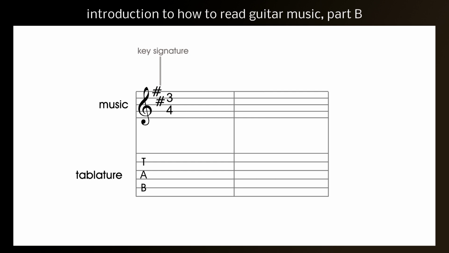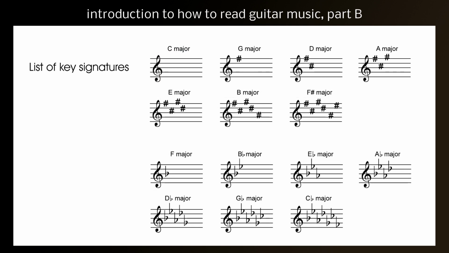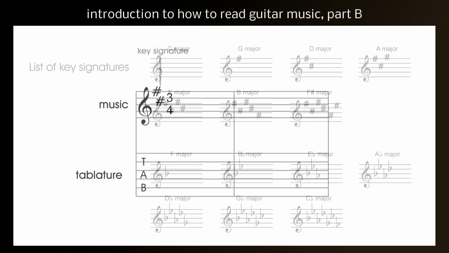It's really important because it actually changes what the lines and spaces mean. If there's a sharp or a flat on a particular line or in a particular space, that note should be played sharp or flat right the way through the tune, unless it tells you not to.